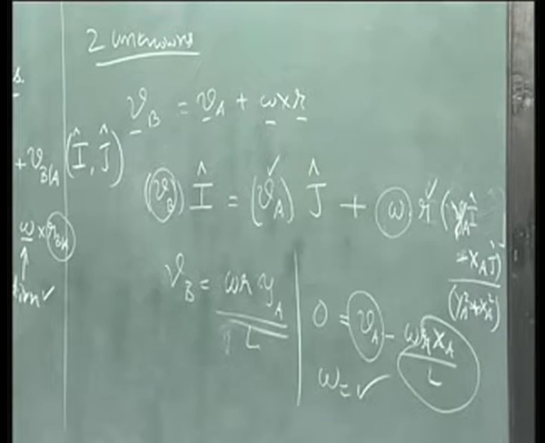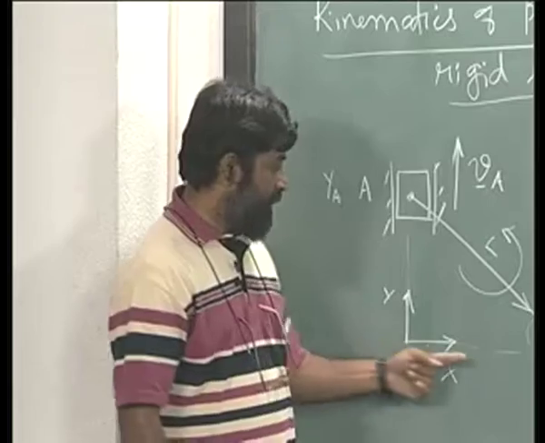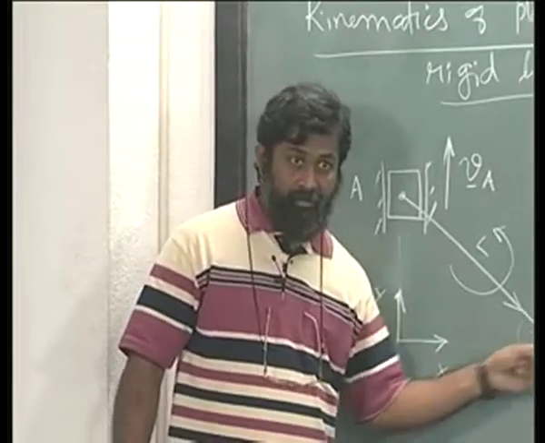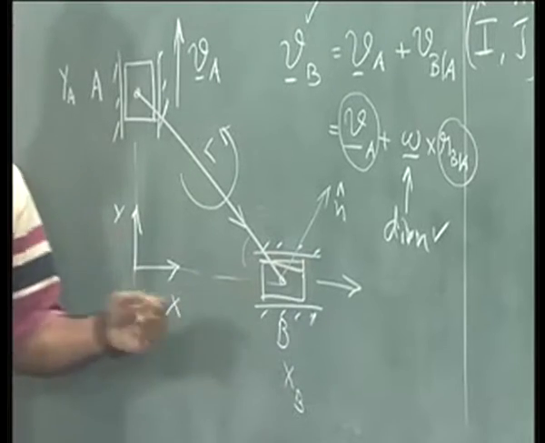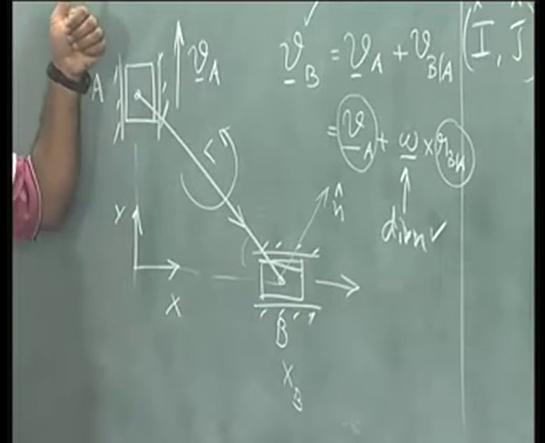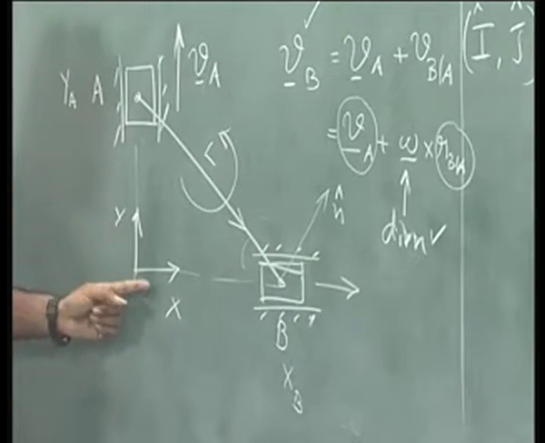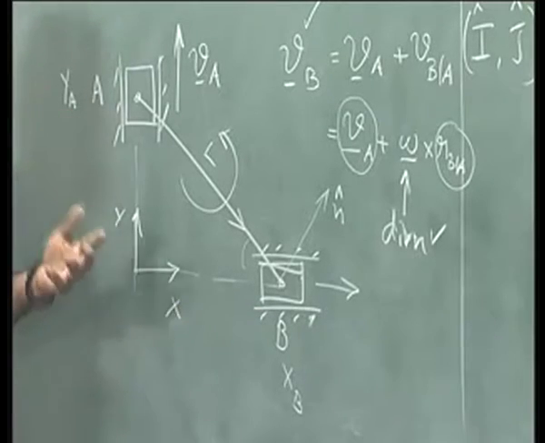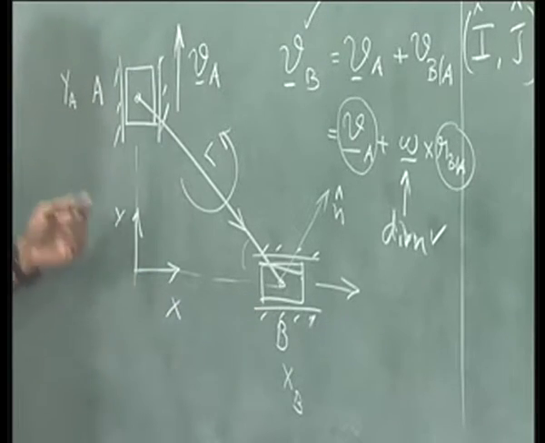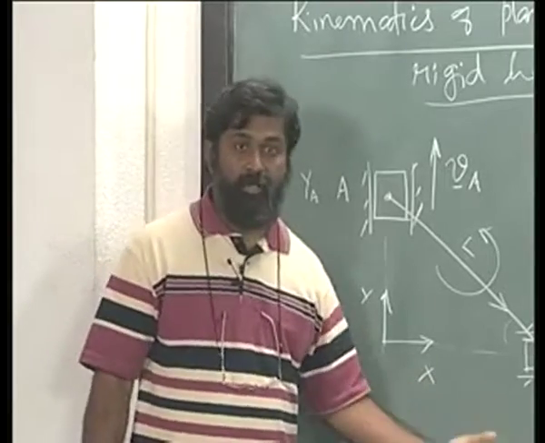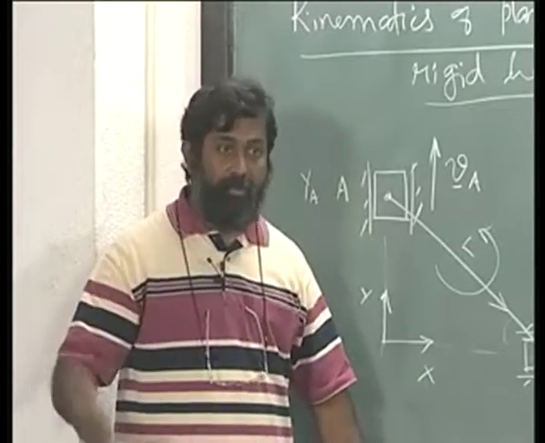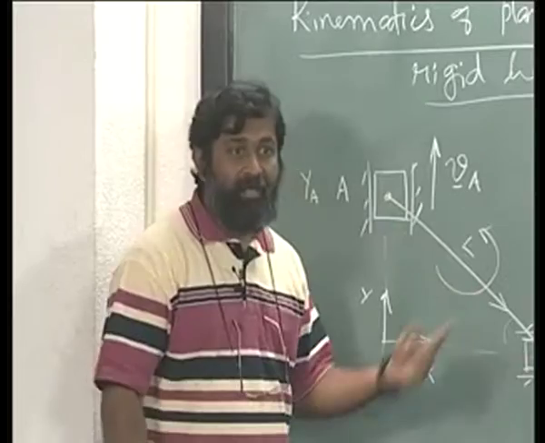The simpler procedure is here. In this particular case, remember the direction of this velocity is along the x direction and this is along the y direction, okay. Do I know the relationship between xb and yb? The answer is yes. Yb and xb are related as xb squared plus yb squared is a constant equal to L squared.